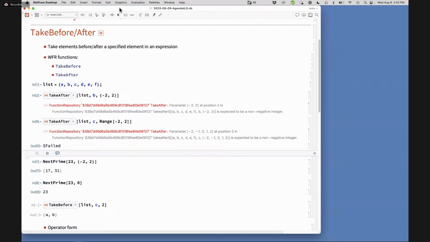The question I'm asking is how we are interpreting -2 to 2: take after anchors at the last occurrence of B and take before anchors at the first. Is that correct? Is that what we want? That is the proposal. I don't know what the current functions do.